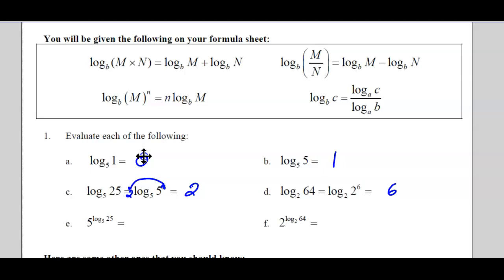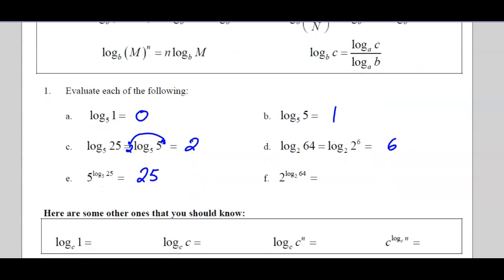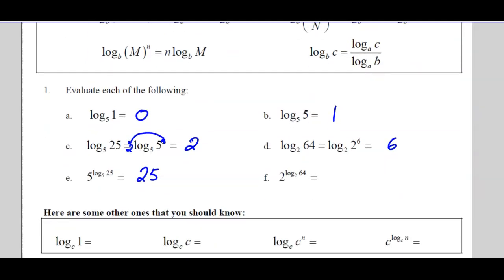Now, this one here is a 5 raised to the exponent, where the exponent is a log itself. In this one, we just did log of 25 base 5 is 2. So this is going to be 5 squared, which is 25. That's how you get rid of logs when you're solving algebraic equations. Exactly, raised to the power.